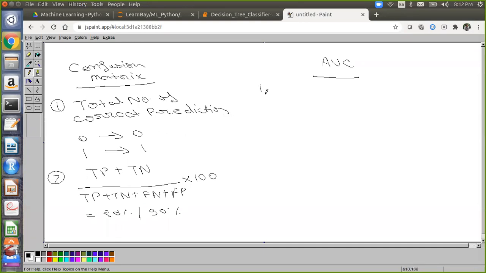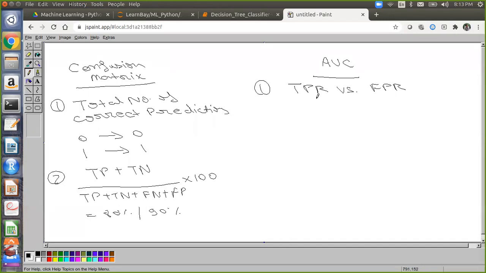Now let's talk about area under the curve. What is area under the curve? Defining the TPR and FPR. So can I say it is a graph between TPR versus FPR? Yes. Now I'll tell you what TPR is.